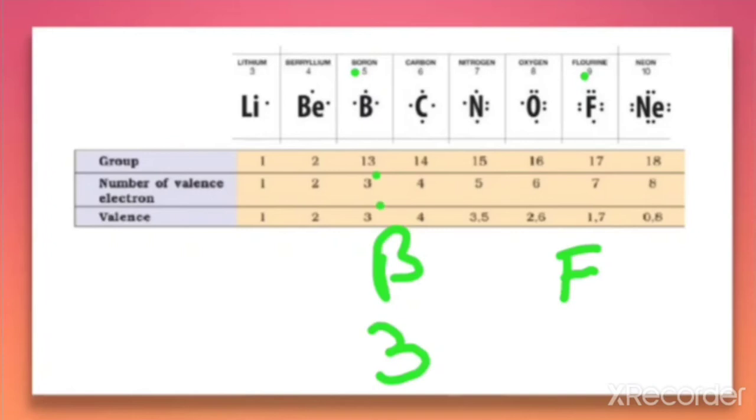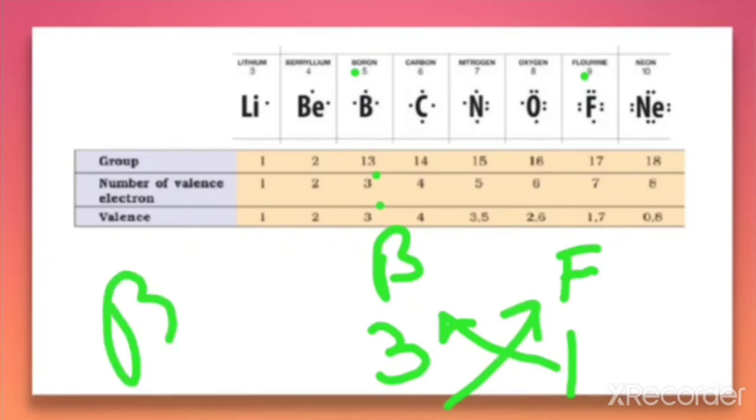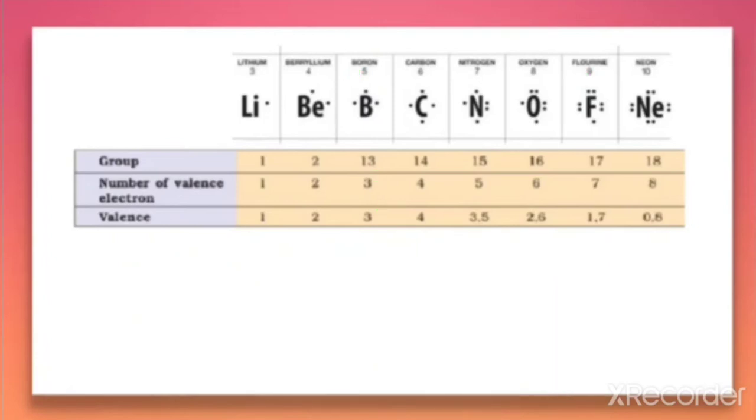But fluorine is 1. So when you crisscross it, you will get the formula BF3. More details about why boron does not form a 7 oxidation state with fluorine, we will discuss in the chapter on p block elements.